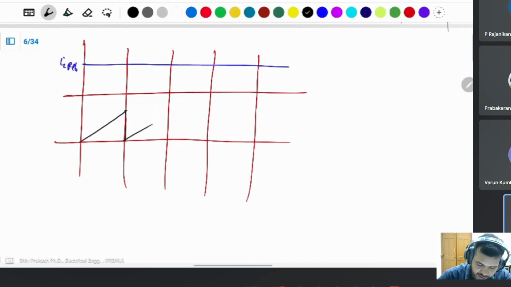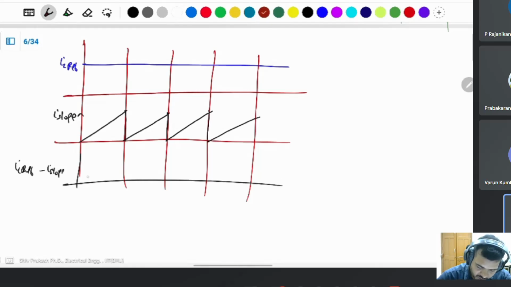If you get this type of slope, then if you subtract this slope from the IL reference, you will get the sawtooth waveform like that. This will fix the frequency and the tracking also.